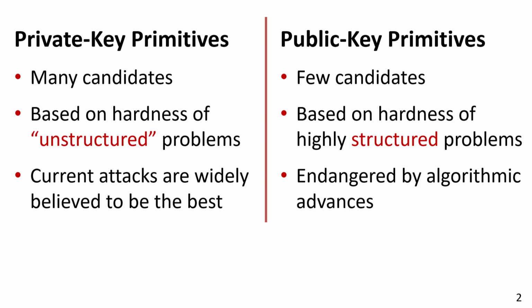For public key primitives, we have considerably less confidence that our current attacks are the best possible, and current candidates are endangered by algorithmic advances, with either classical or quantum computers. For more details on the connection between public key candidates and structure, we highly recommend Boaz Barak's blog post, which we mention in our paper.